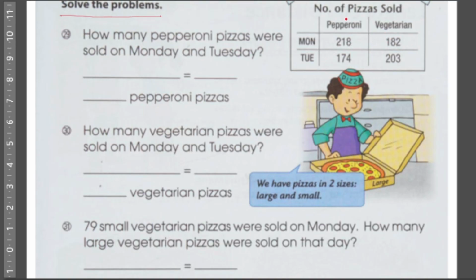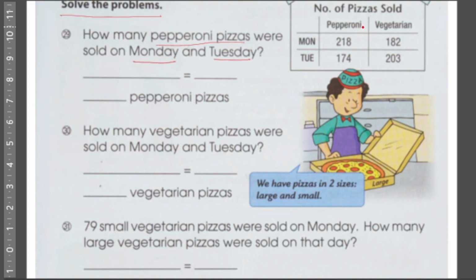And on Tuesday, pepperoni pizzas were sold 174 and vegetarian pizzas sold on Tuesday are 203.